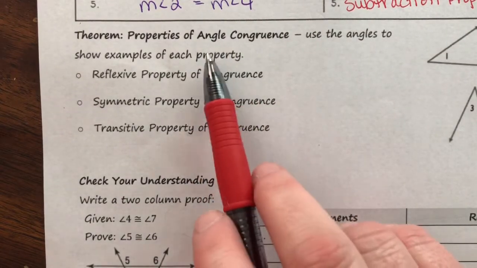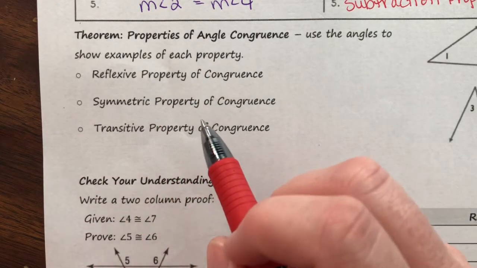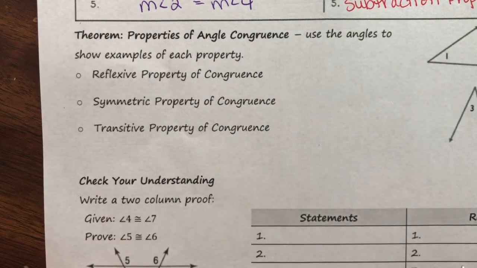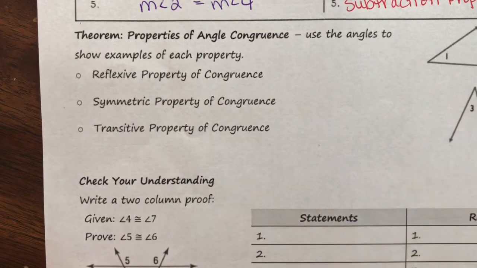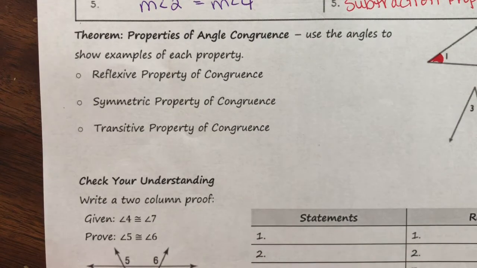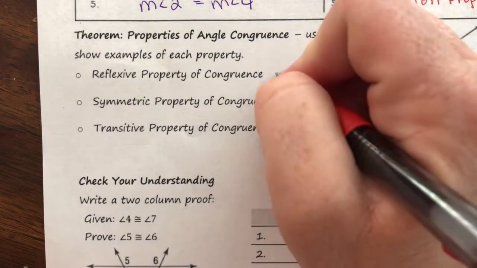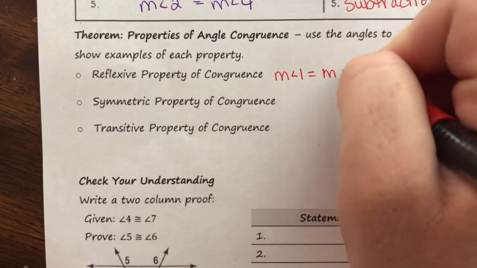Theorem, properties of angle congruence. Use the angles to show examples of each property. So first we're looking at the reflexive property of congruence. I have 3 angles here. Let's say this is angle 1 right here. The reflexive property says the measure of angle 1 equals the measure of angle 1.